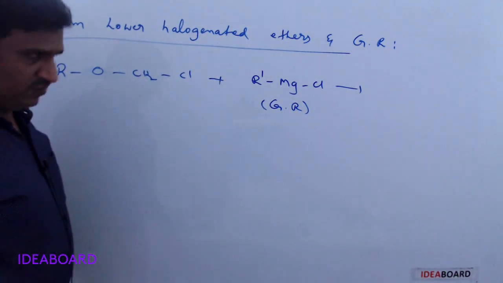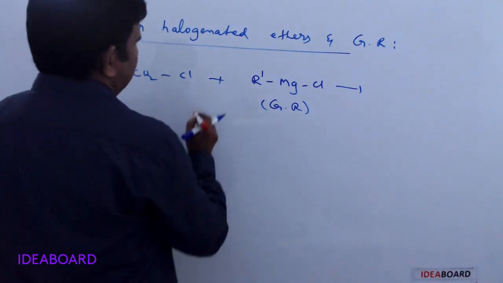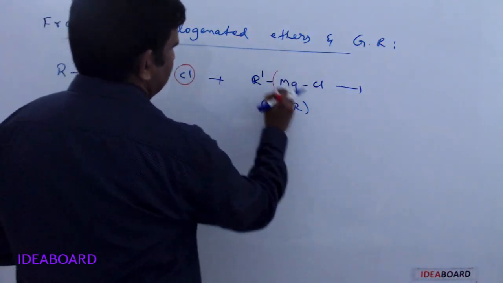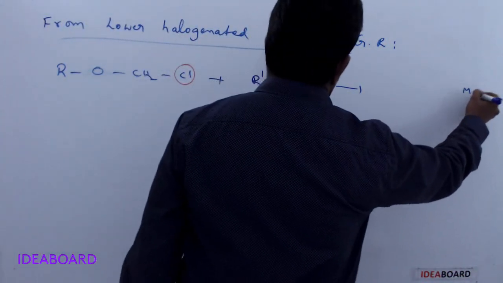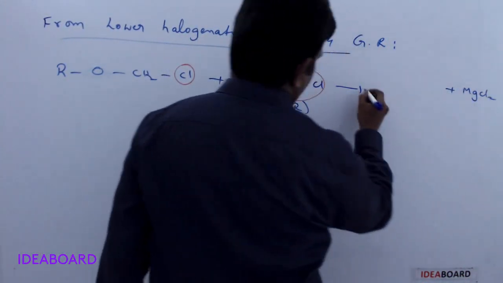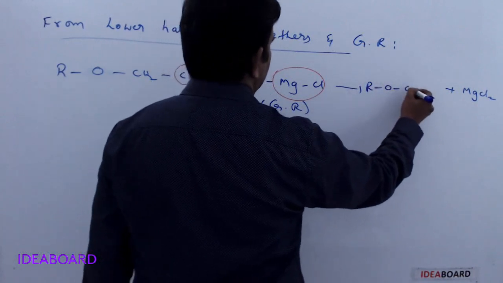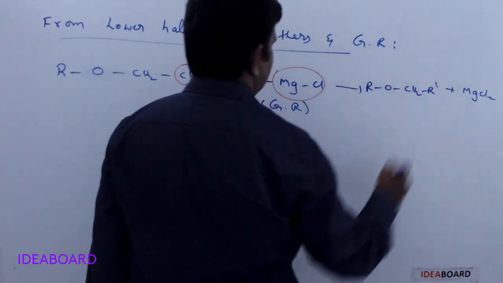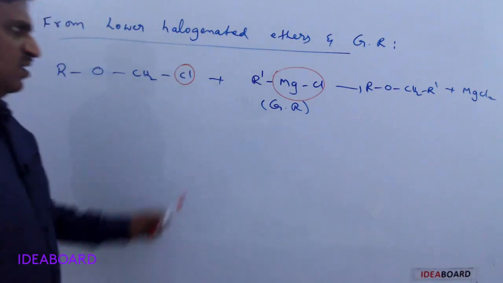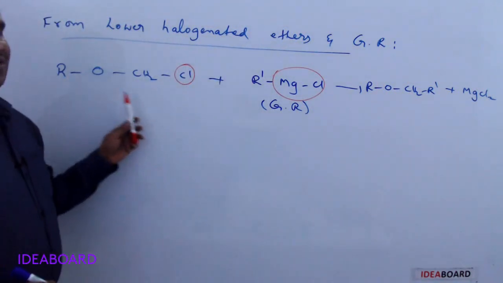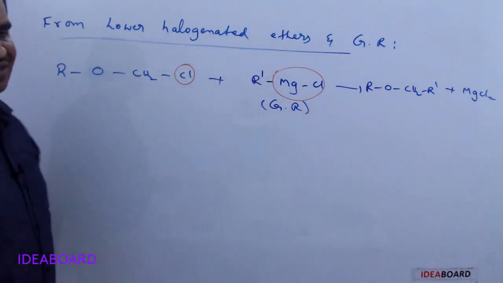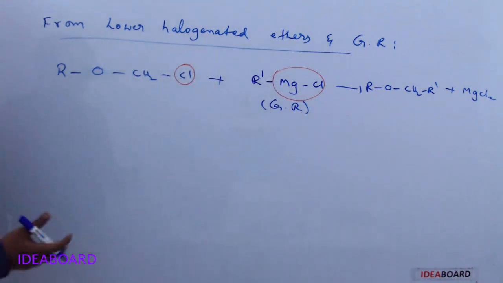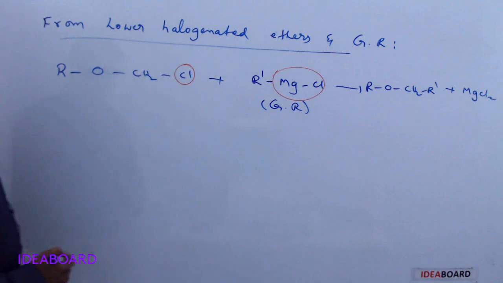When they react, the Cl and MgCl are removed as MgCl2, and the remaining compound is ROCH2R'. An alkyl group is introduced, so the number of carbon atoms in the ether increases. That is a higher ether, meaning an ether containing more carbon atoms.